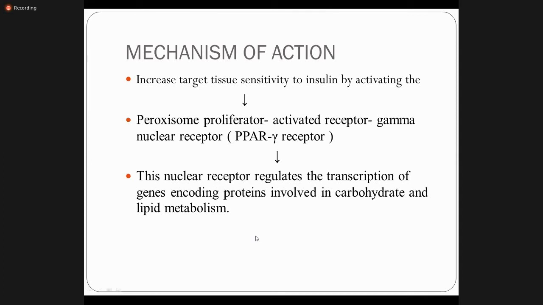Increase target tissue sensitivity to insulin by activating the peroxisome proliferator activated receptor gamma, right? PPAR gamma receptor, right? So activation of these receptors by thiazolidinediones, and this nuclear receptor regulates the transcription of genes encoding proteins involved in carbohydrate and lipid metabolism.